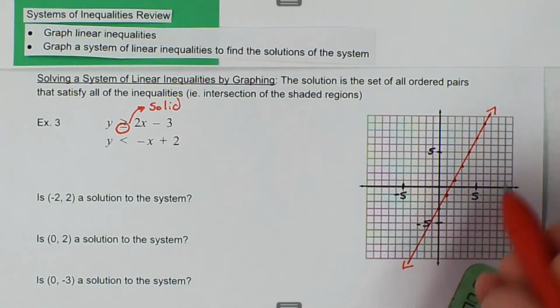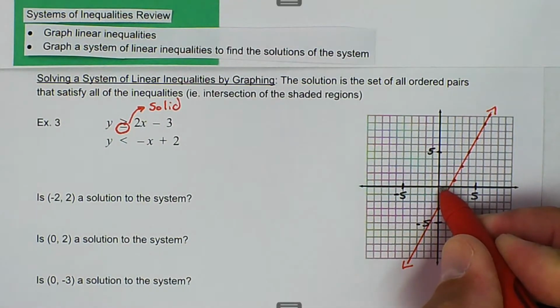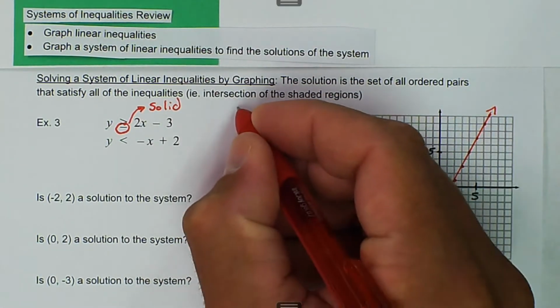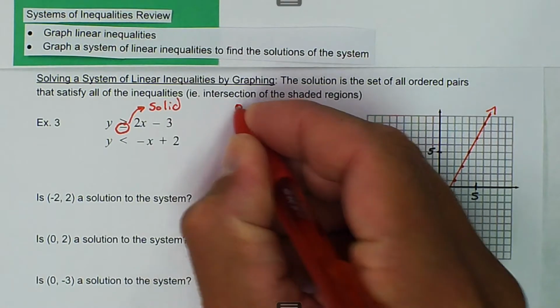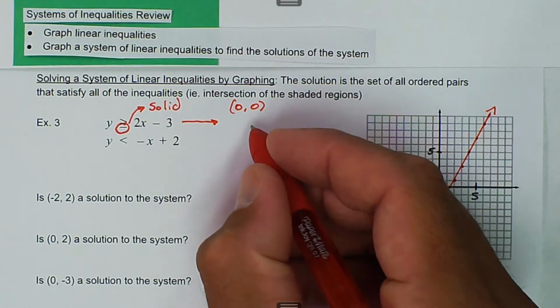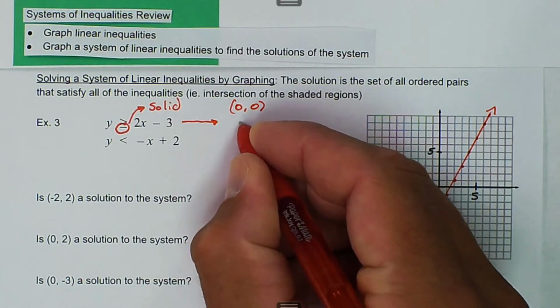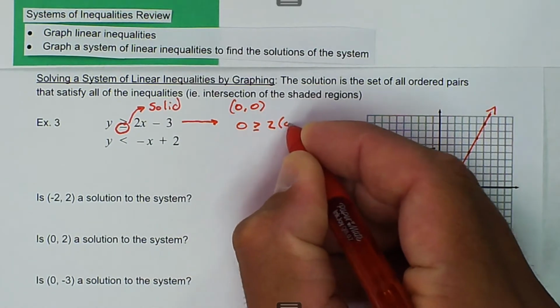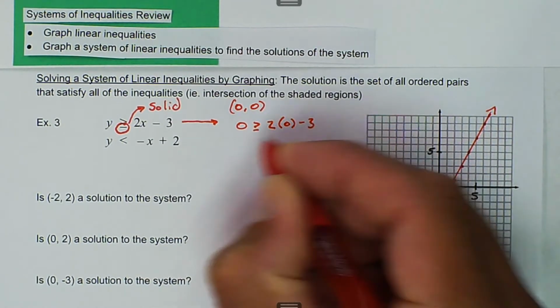Now we want to check a point, and the easiest one to check is 0, 0. So I'm going to substitute 0, 0 into this equation. So we get 0 is greater than or equal to 2 times 0 minus 3.